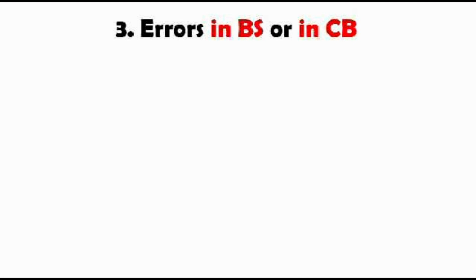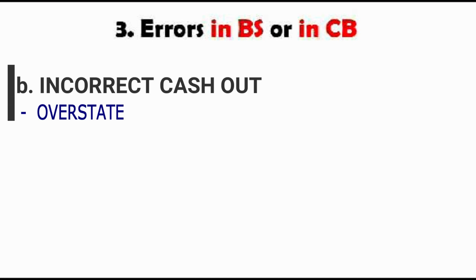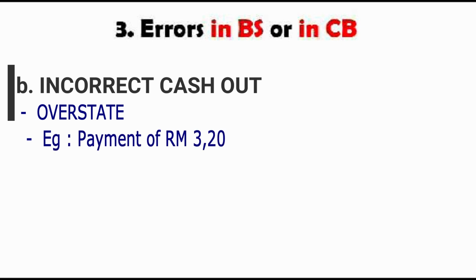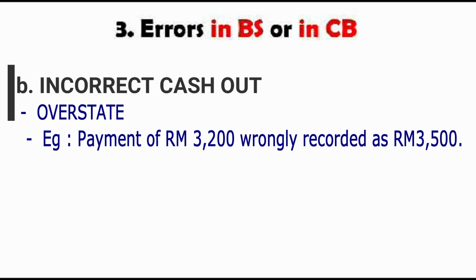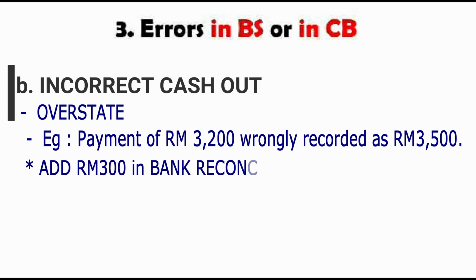Situation number 4, cash out overstated. For example, a payment of 3,200 ringgit wrongly recorded as 3,500 ringgit. Meaning, you need to add 300 ringgit in bank reconciliation.